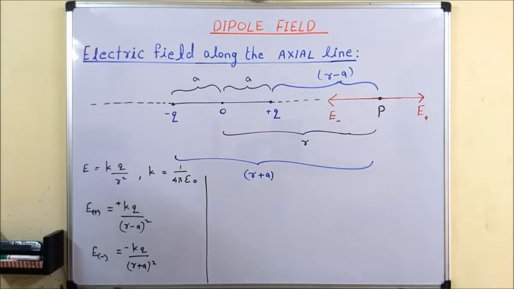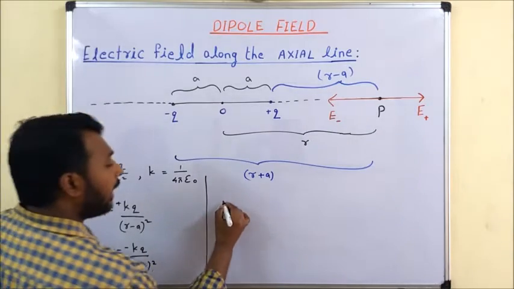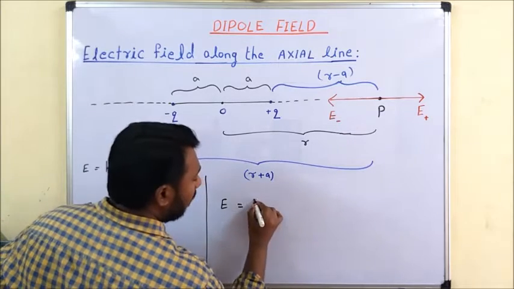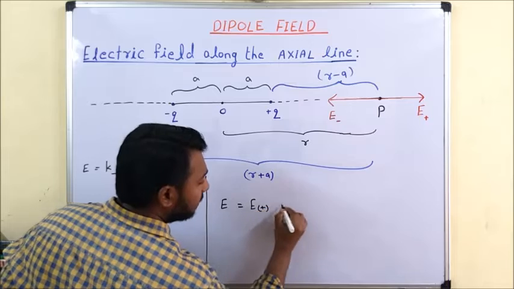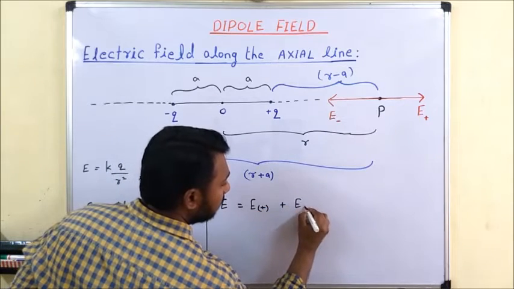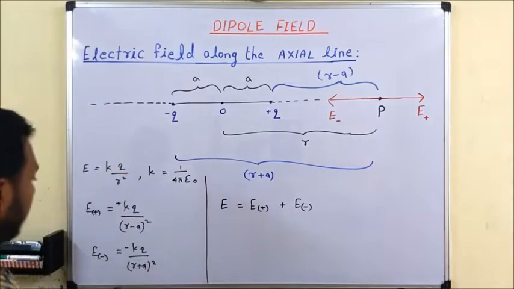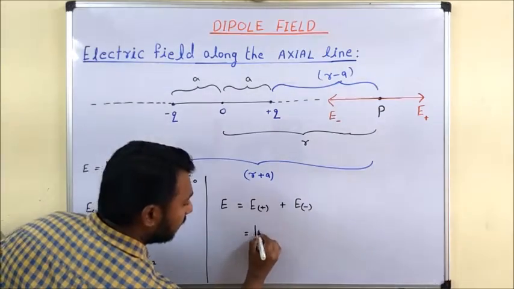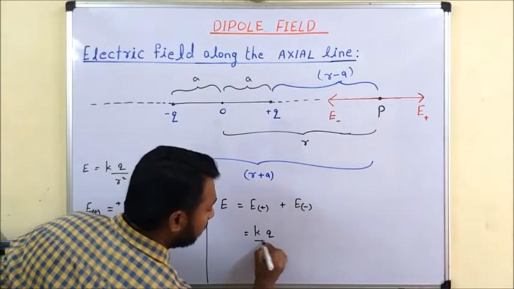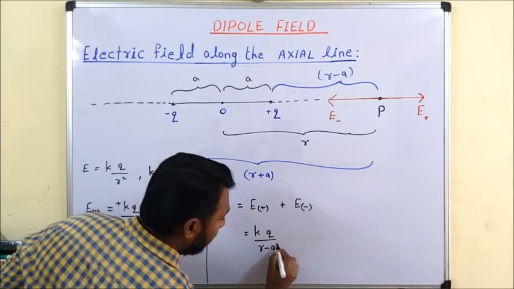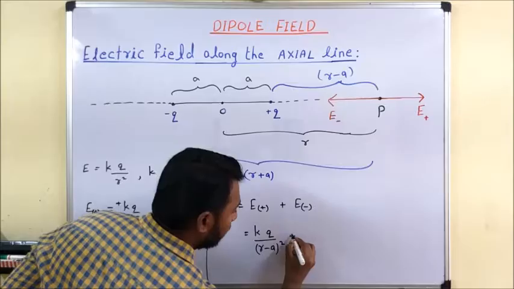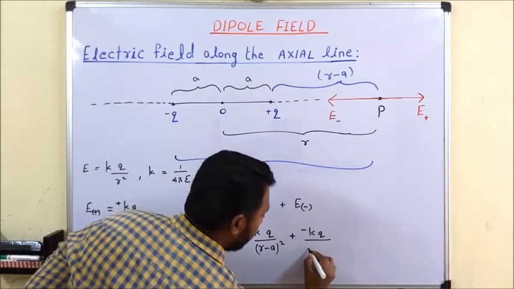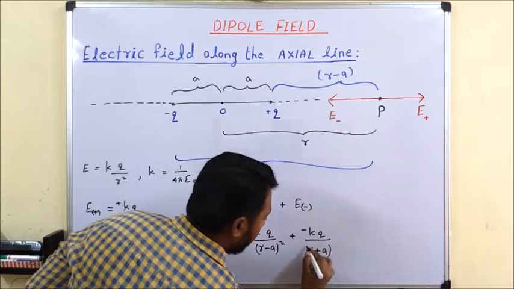Now, the net electric field is equal to the sum of E plus and E minus. Let us substitute these two values here. So you will get KQ divided by R minus A whole square plus minus KQ divided by R plus A whole square.